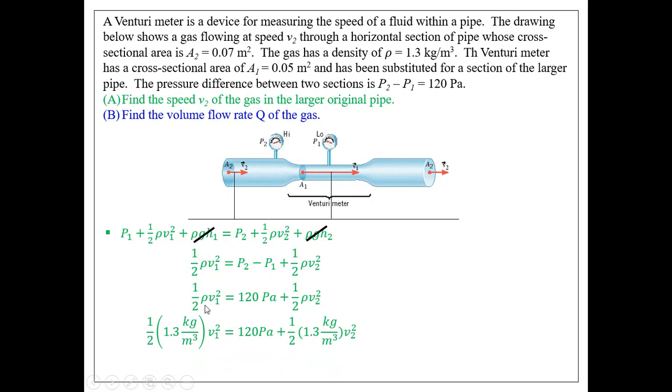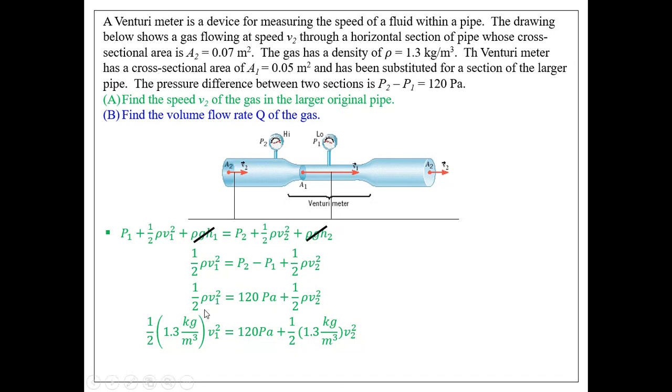I want to substitute in density for this problem. Keep in mind you cannot cancel rho out, because rho is in this term, but it's not in the 120 Pascal. For you to cancel rho out, it has to appear in every single term. It only appears in 2 out of 3 terms, so make sure you don't cancel variables out illegally. Make sure your algebra is on point here.